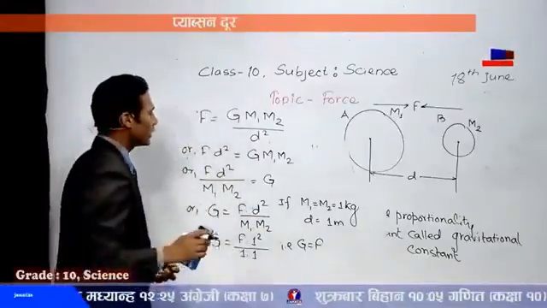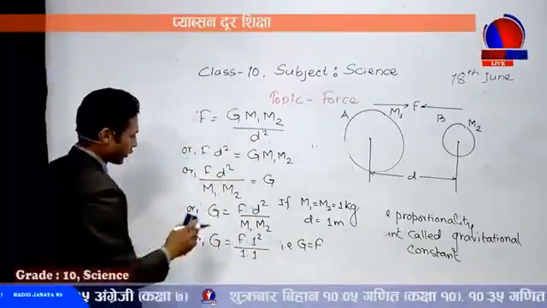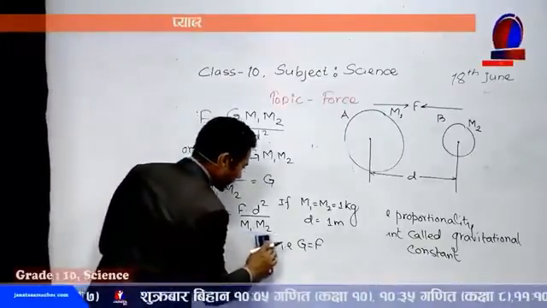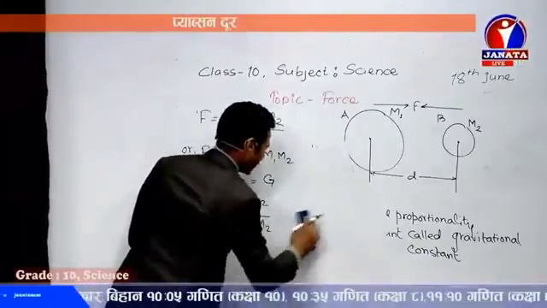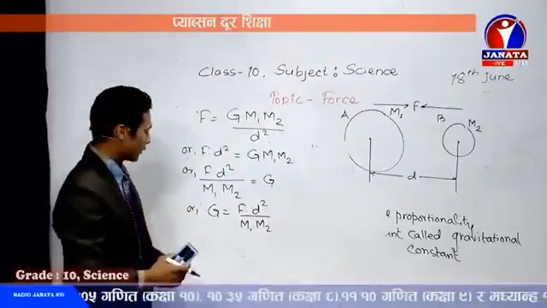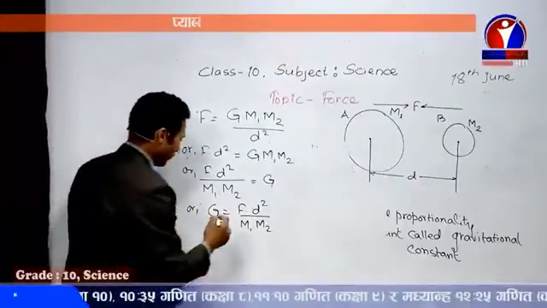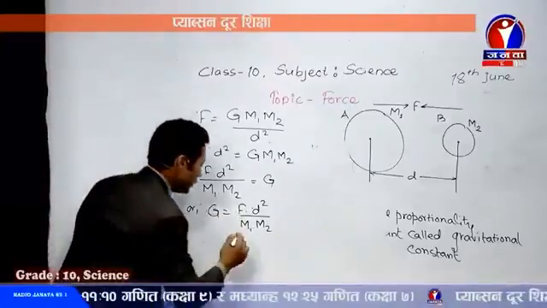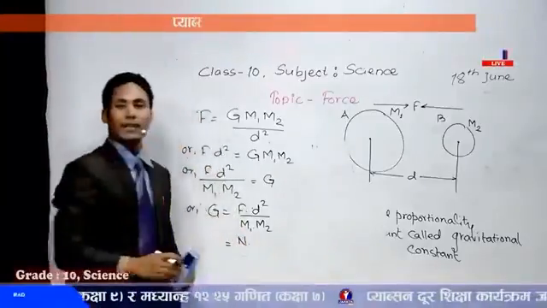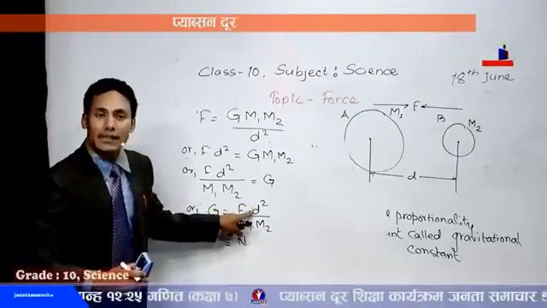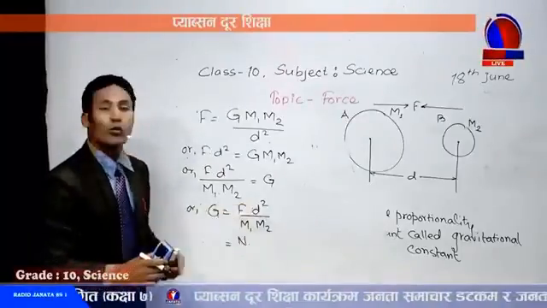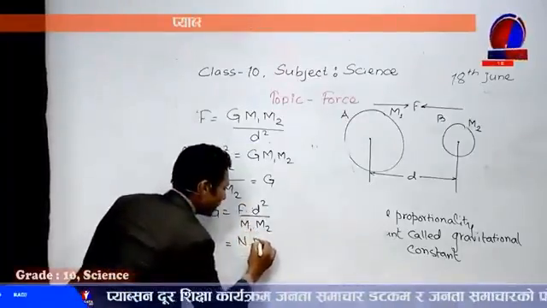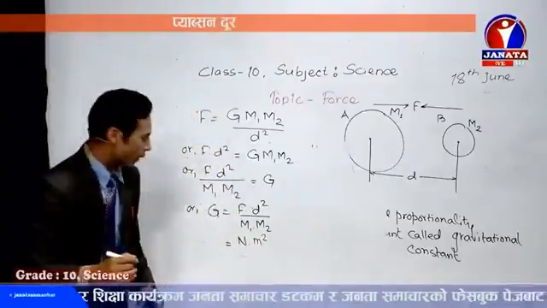So what is the unit of this gravitational constant? Let's see. Unit of force is the Newton, right? And unit of distance is meter, but here square is there, so we'll write meter square.